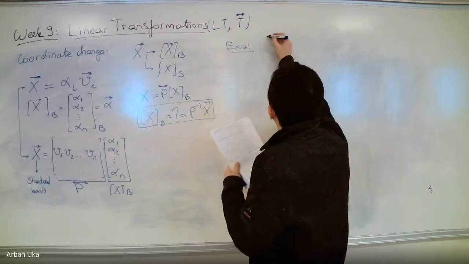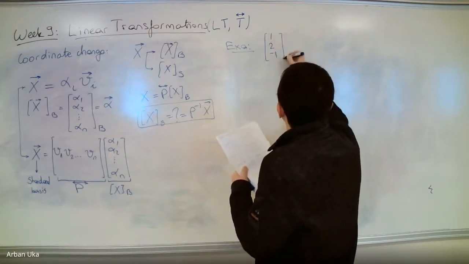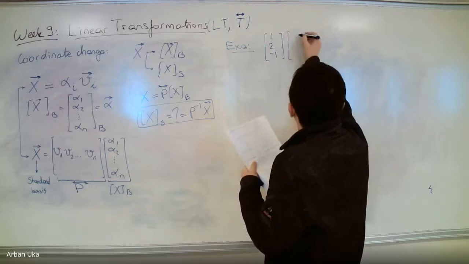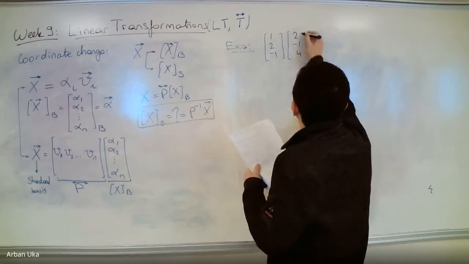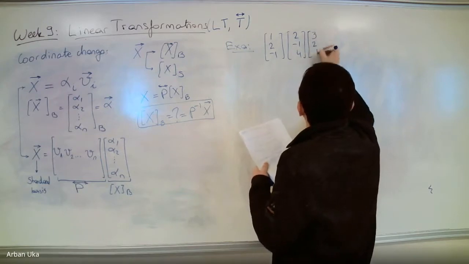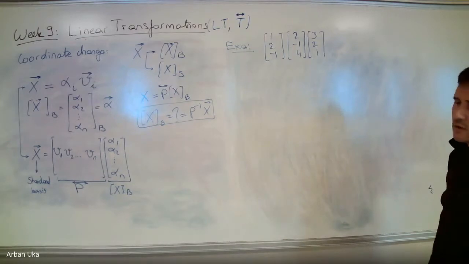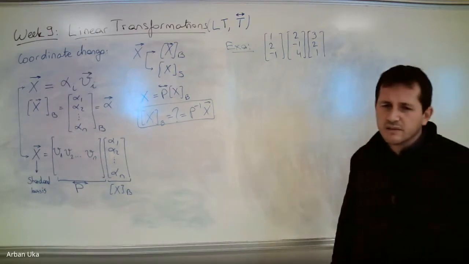So let's look at three vectors: 1, 2, minus 1; 2, minus 1, 4; and 3, 2, 1. The question is, could this be a basis for R3?